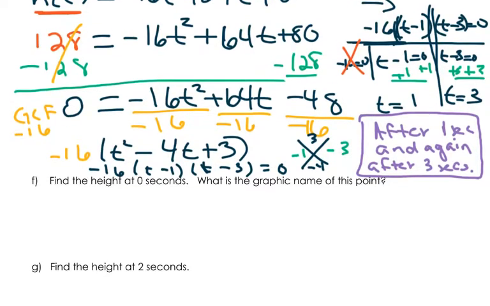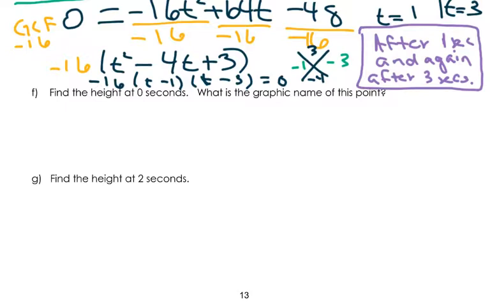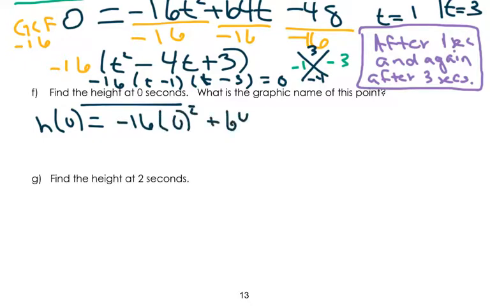All right, let's go down to F. F says find the height at 0 seconds. So if they're telling us the seconds, that means they're giving us t. So h of 0 is equal to negative 16 times 0 squared plus 64 times 0 plus 80.